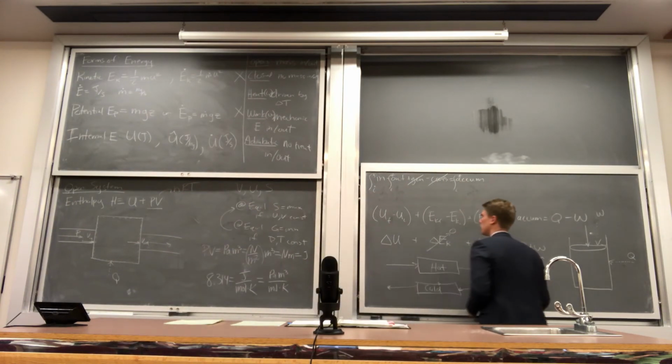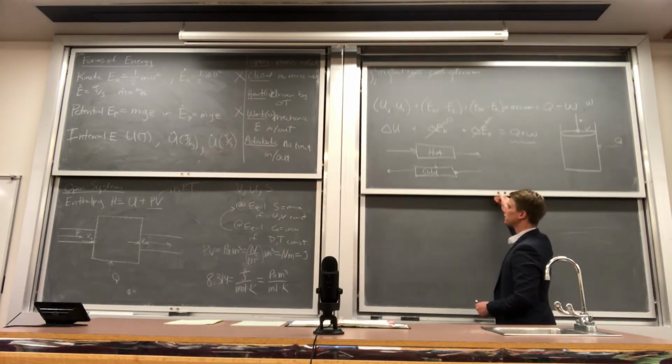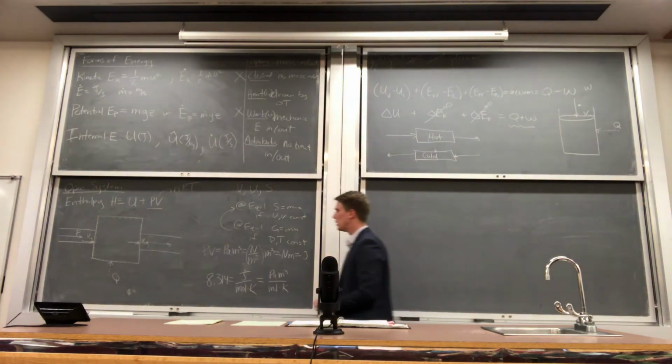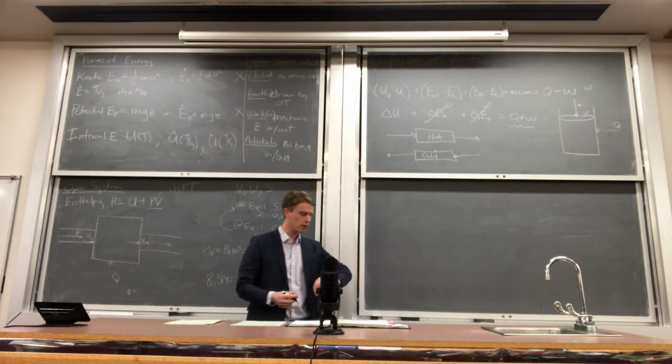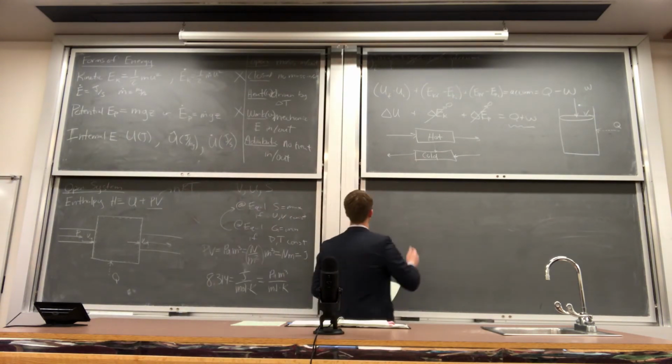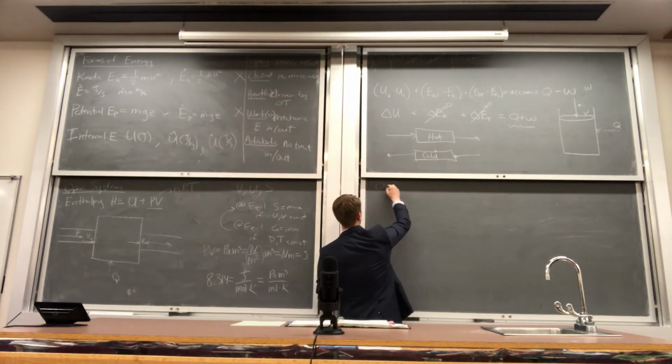Okay, so let's write out the open system energy balance. Since everyone seems to be fairly familiar with the energy balances from your thermodynamics class, so we have to thank your Thermo 1 teacher, we'll just write out the open system energy balance.